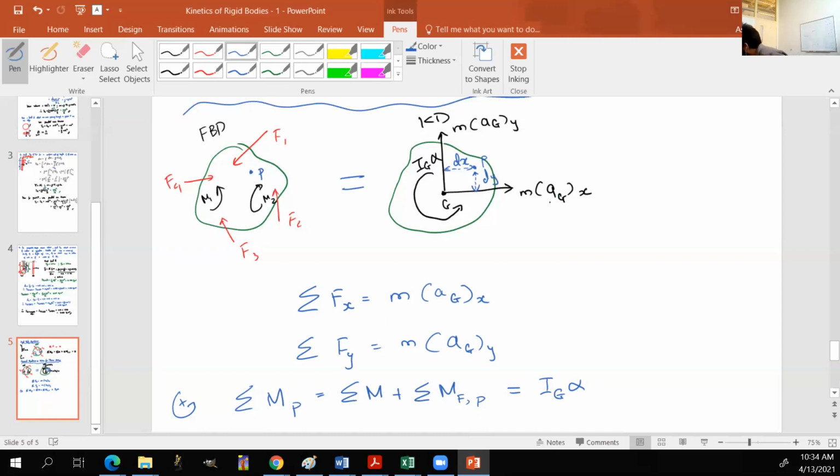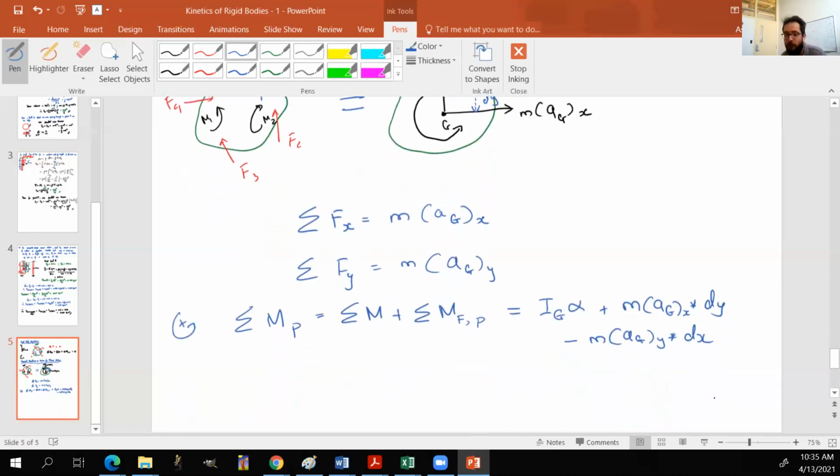So magx times dy, that's going to be positive, so plus magx times dy, and then magy dx about P is going to be negative, right? Because the thumb points into the page, so you get minus magy times dx.